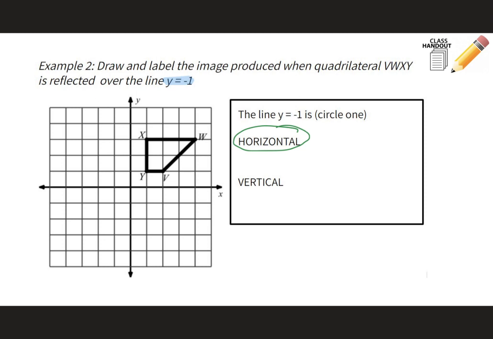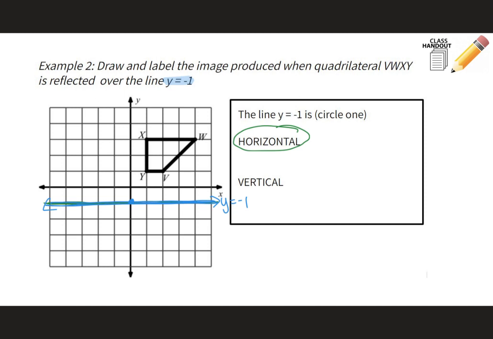So let's go ahead and draw on our paper where y equals -1 would be, and that would be right here. So this is my line of reflection, and I know that because it crosses here at y equals -1.